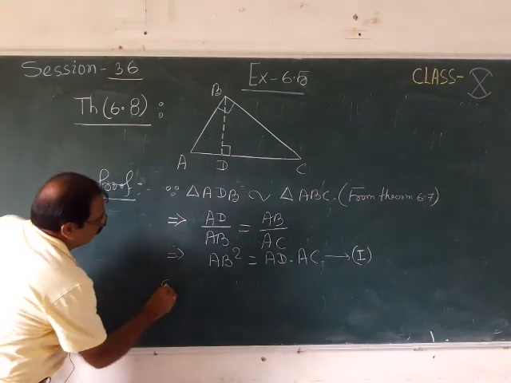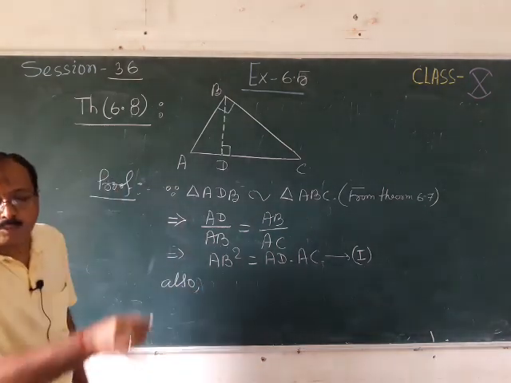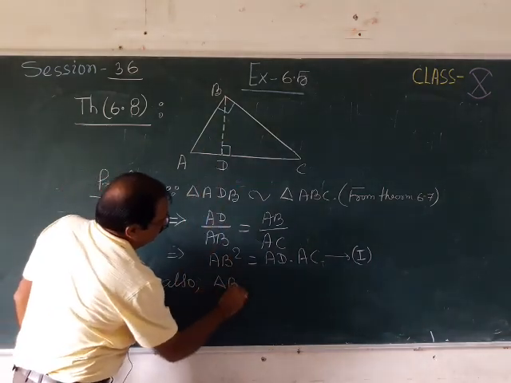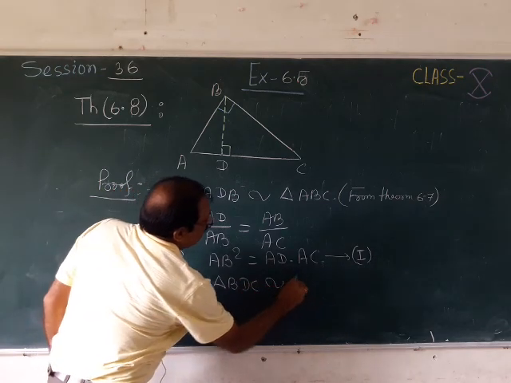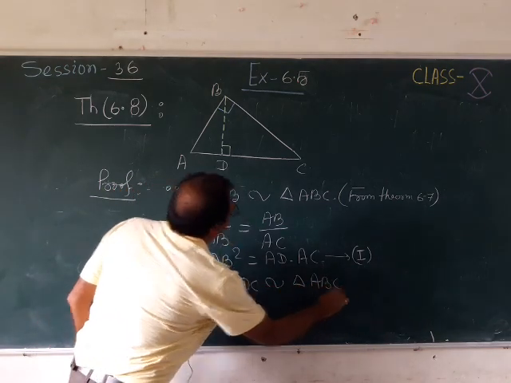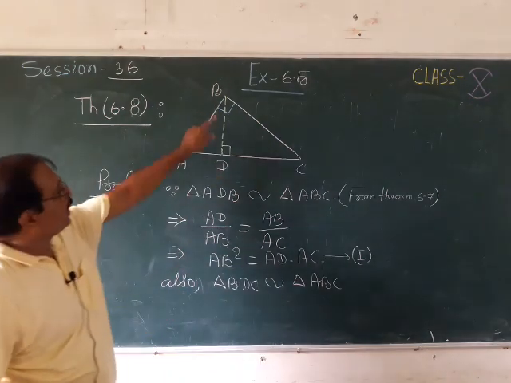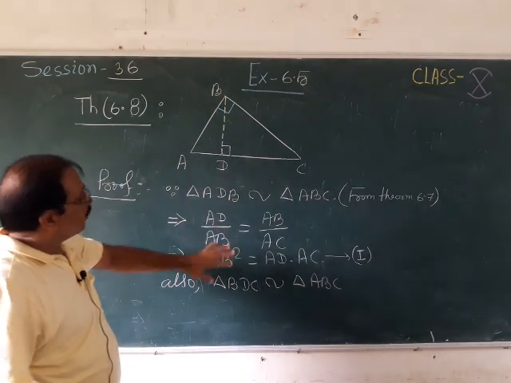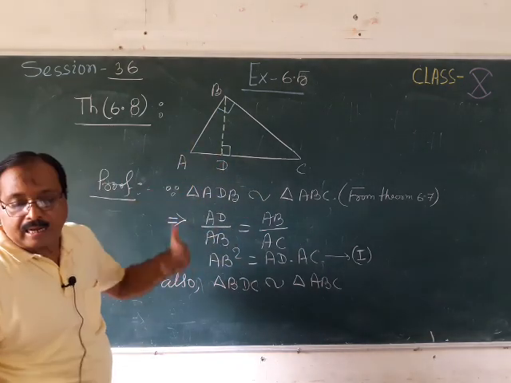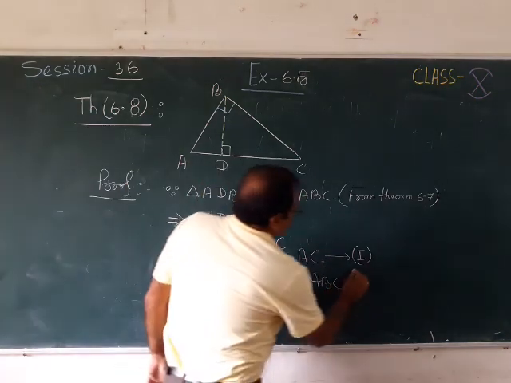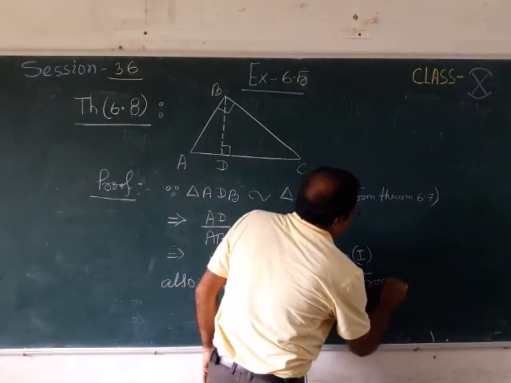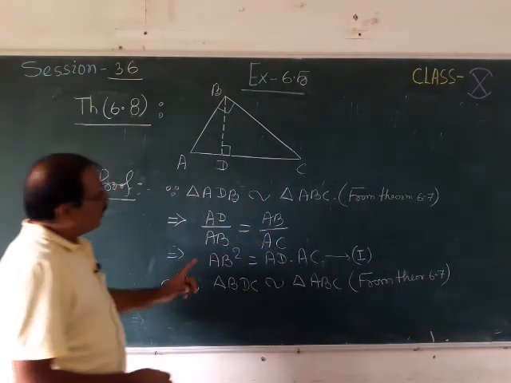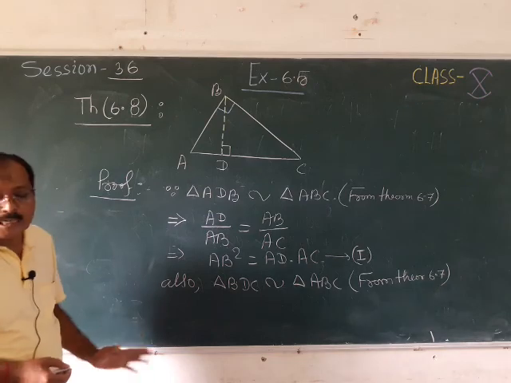Okay. Also we are having triangle BDC. This time triangle BDC is similar to triangle ABC. Now you take the another triangle, that is triangle BDC, and triangle BDC is also similar to triangle ABC. Again this is from theorem 6.7 itself. Their corresponding sides will be proportional.